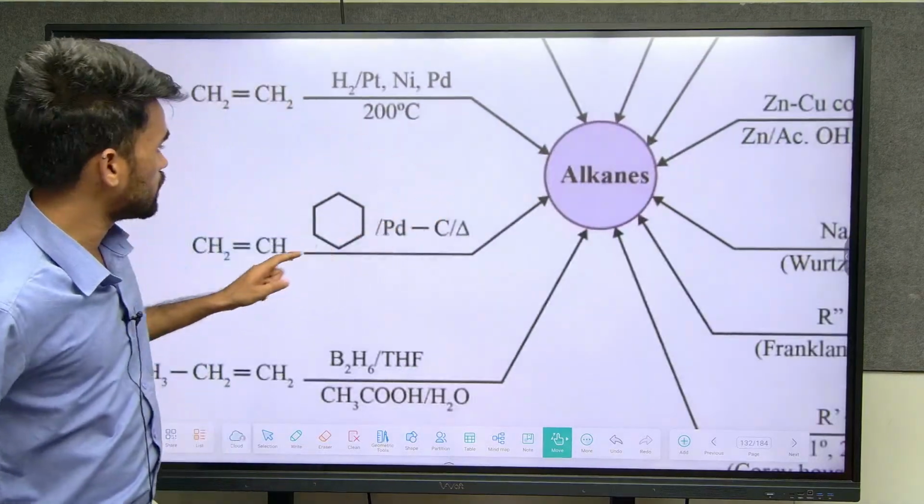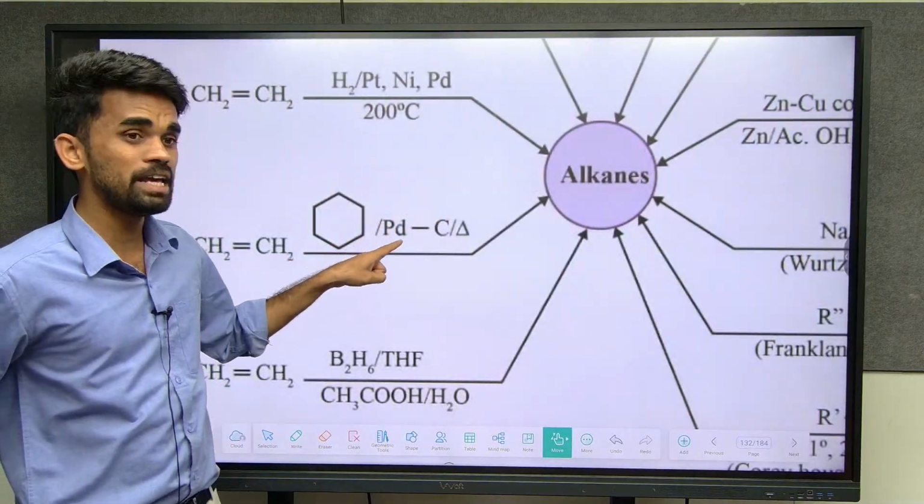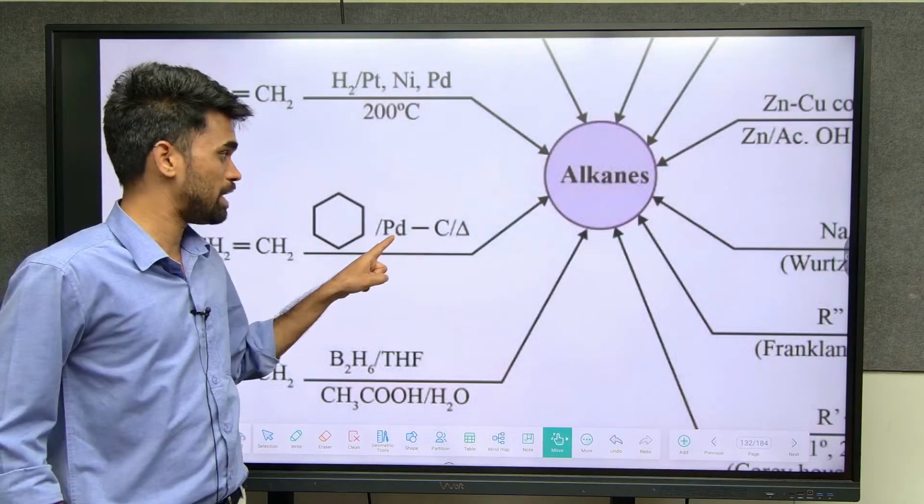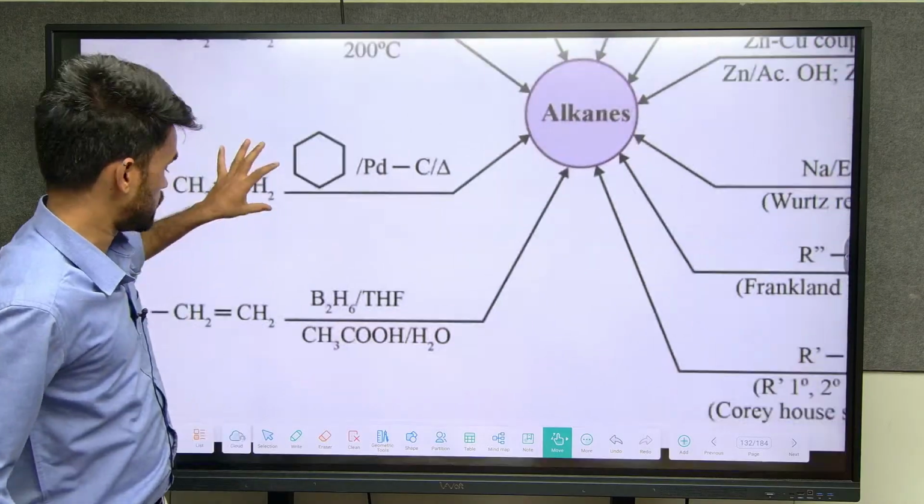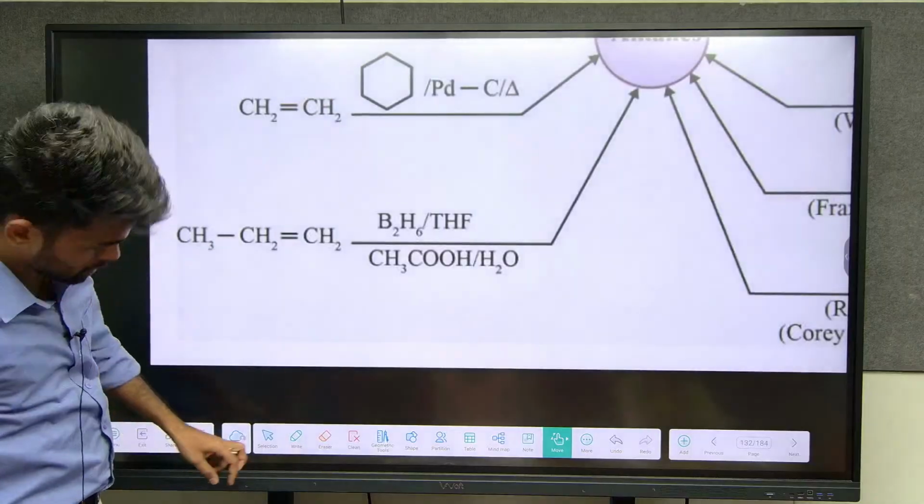So the same thing you can also do using palladium and charcoal. What is that? Palladium, charcoal. Next one. Here this reaction is important.